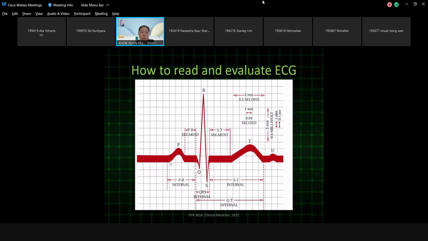Okay. So very important, when you look at the PQRST, which lead are you looking at normally? Which lead is the more important one? When you want to read all these QRS, always look at lead 2, right?